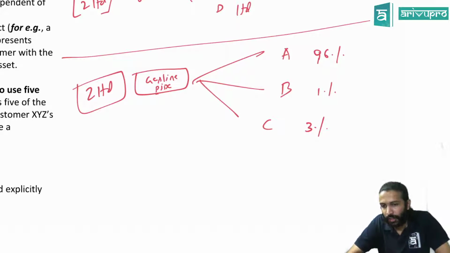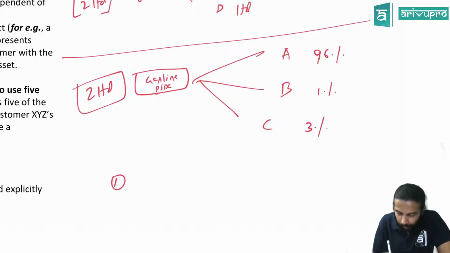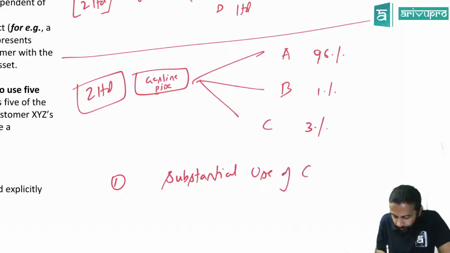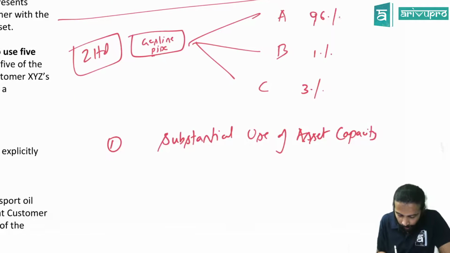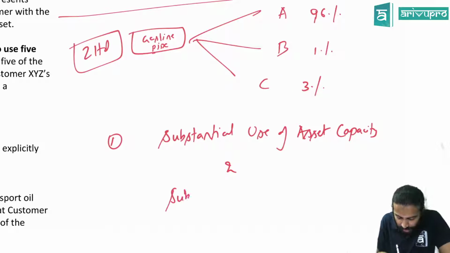On what grounds? If there is one asset used by multiple users, first you have to check which company is making substantial use of asset capacity. Which customer or which entity is using substantial asset capacity. First criteria is that. And which company is getting substantially all of the asset's benefit.